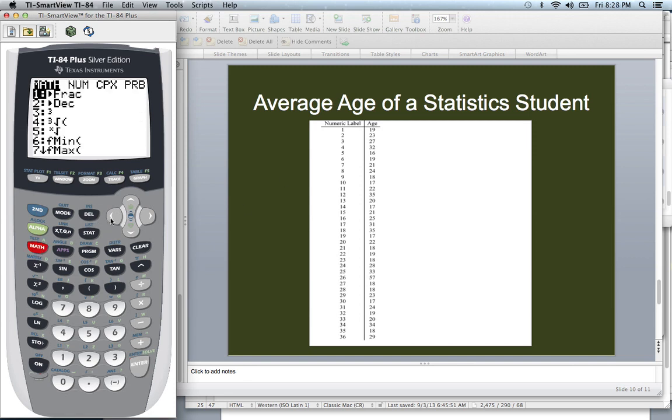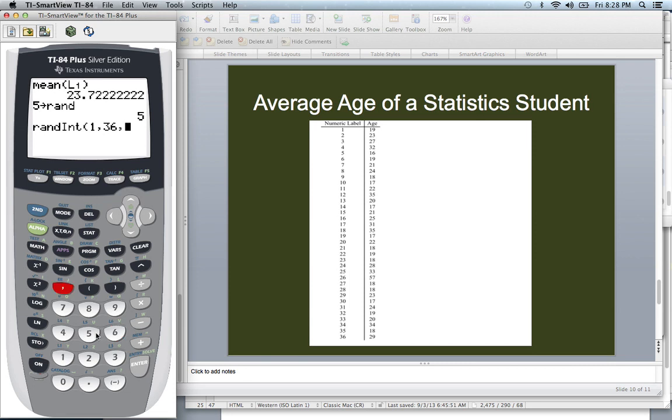The calculator has several random number generators built in, and one of them is called randint. What randint does is randomly select values from the set of integers, starting from the smallest in what we could think of as the domain, or the sample space, or the set of possible numbers.